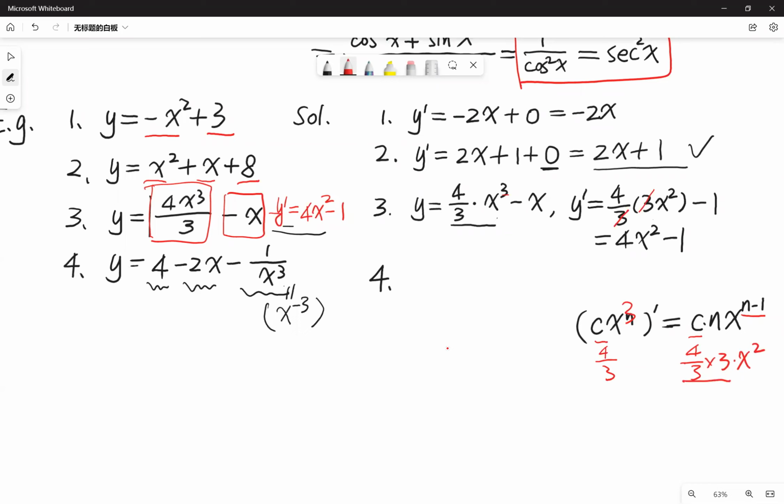And after that it becomes 4x squared minus 1. Okay, Laushi, I understand. Thank you. Okay. So this is the third one.